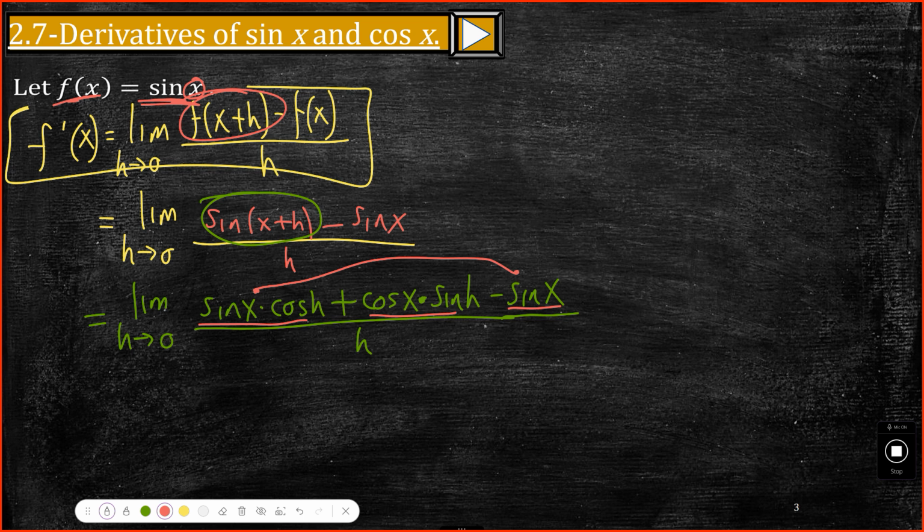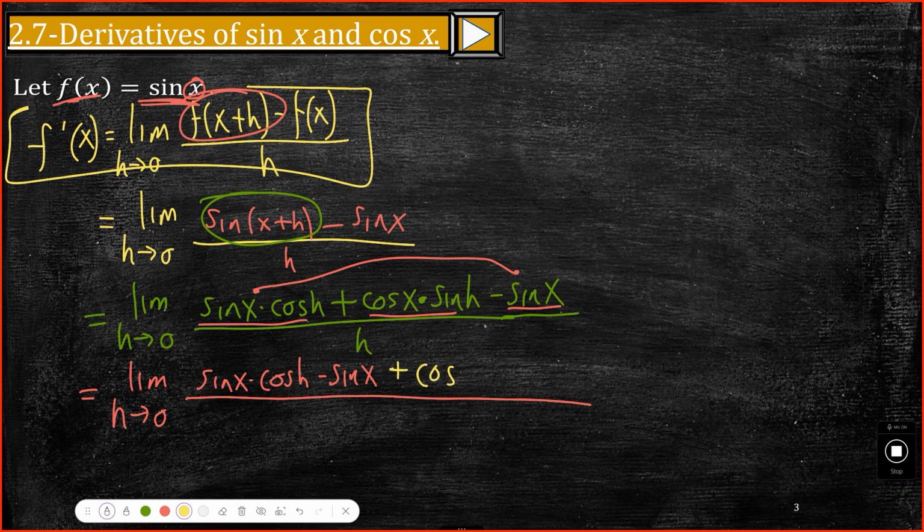So the limit as h approaches 0, and I'm going to put sine x times cosine h minus sine x, and then put this plus cosine x sine h over here after, over h.